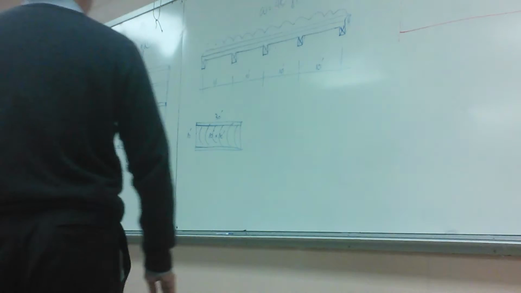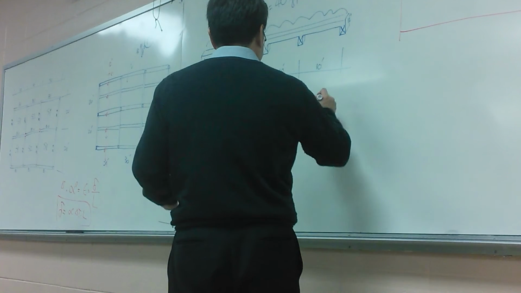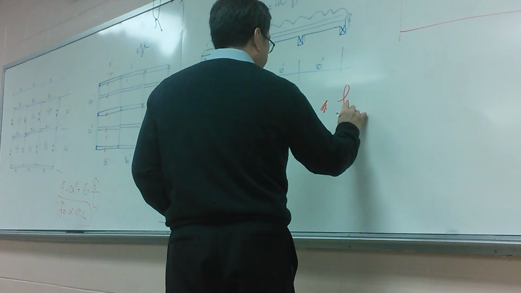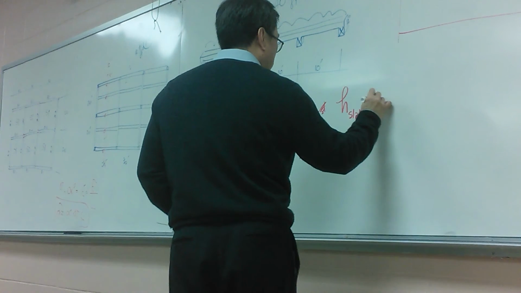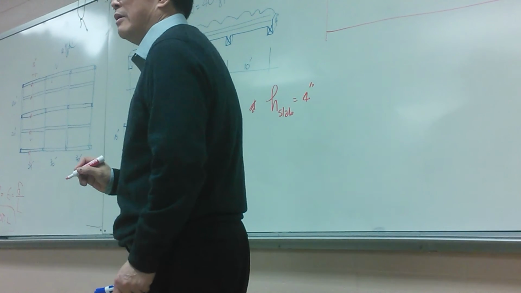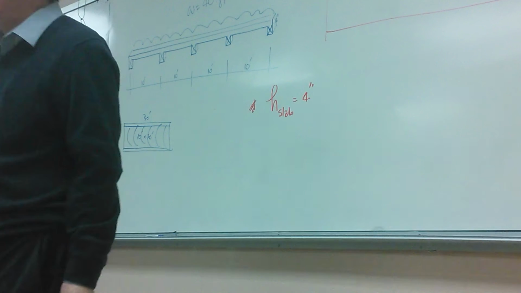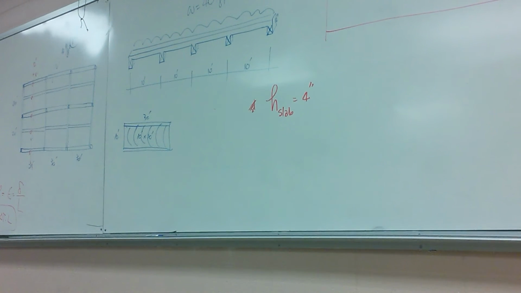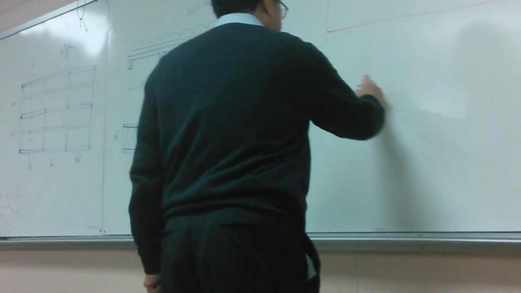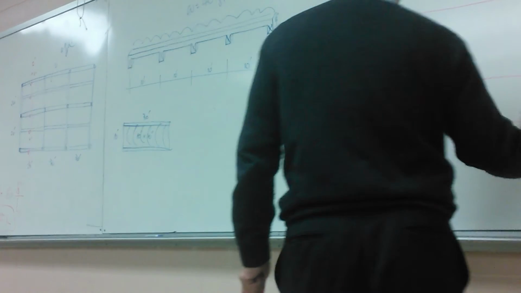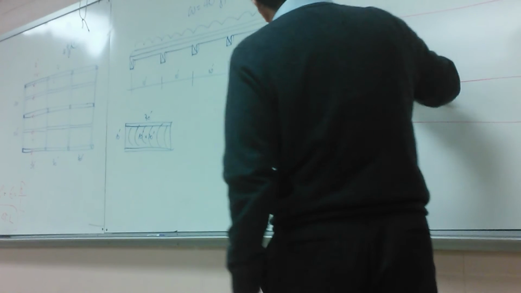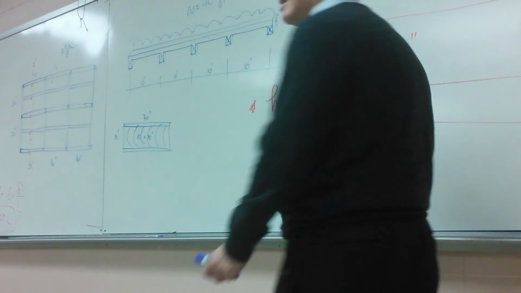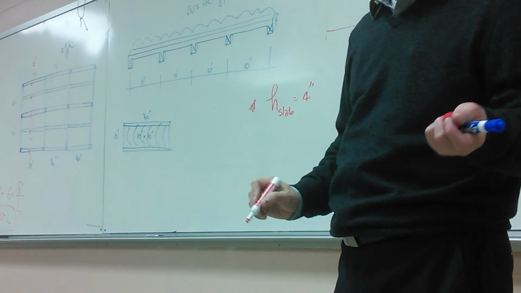So, if you guess the depth of your slab equal to 4 inches, those are typical slab thicknesses in normal buildings. This is your slab. Total thickness, H equal to 4 inches. You're going to need cover, right?